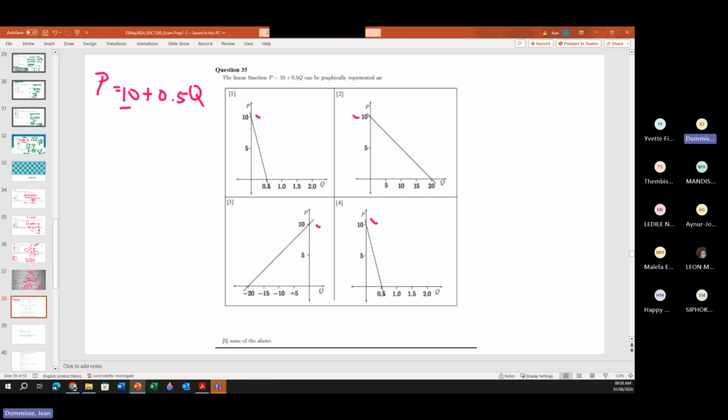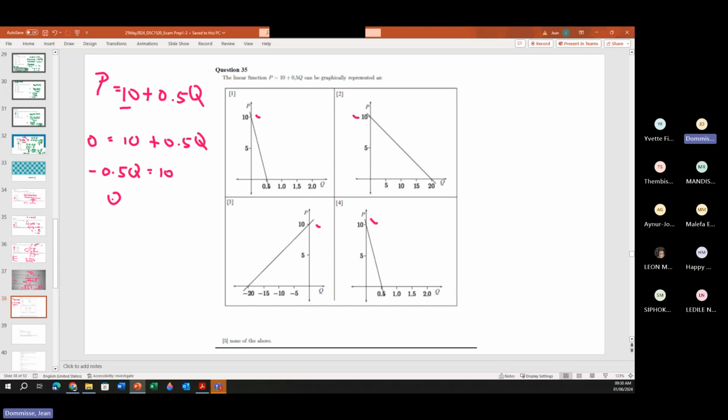So let's then look at, if P is equal to 0, what will my Q value be? Okay, so the Q will go to that side, so 0.5Q is equal to minus 10.